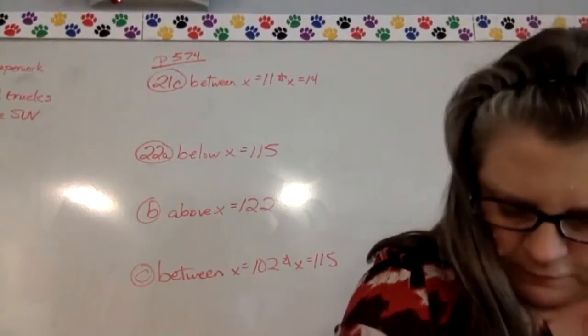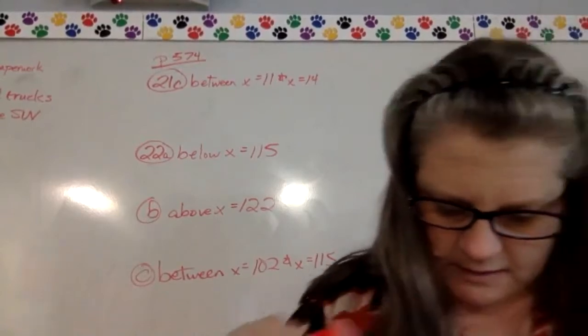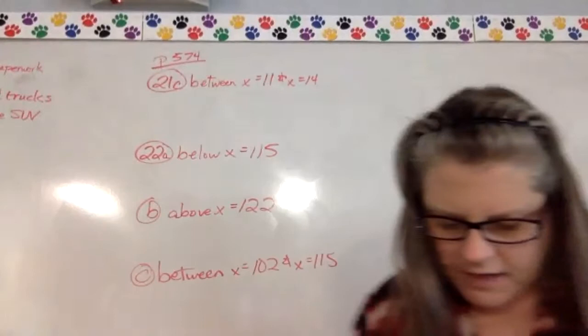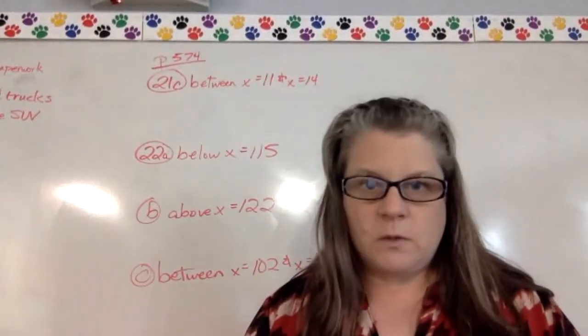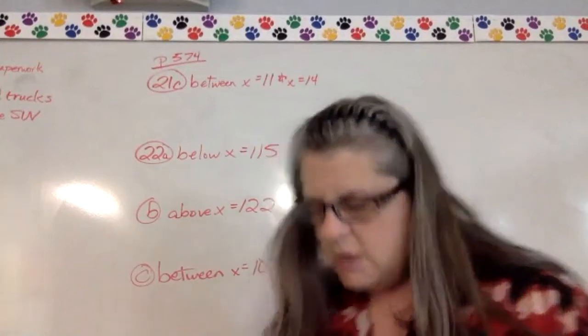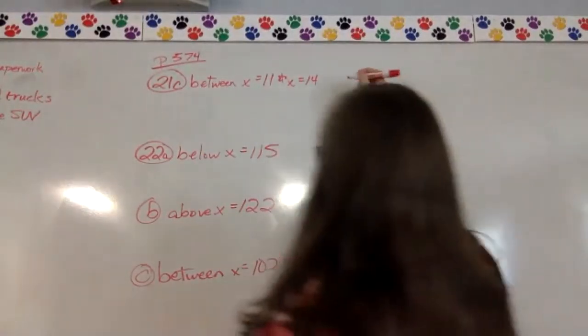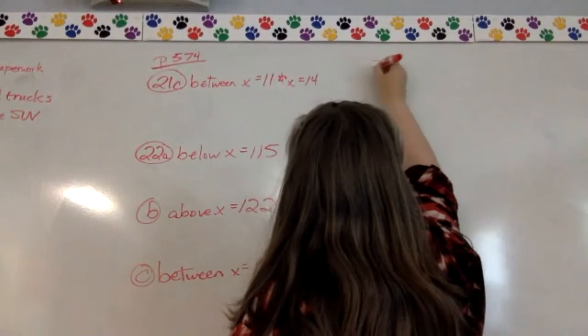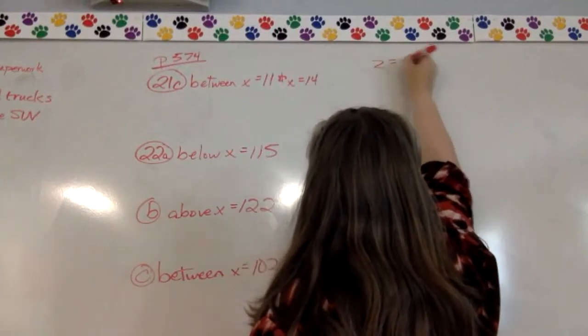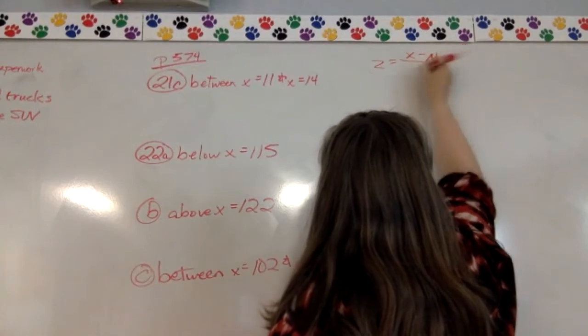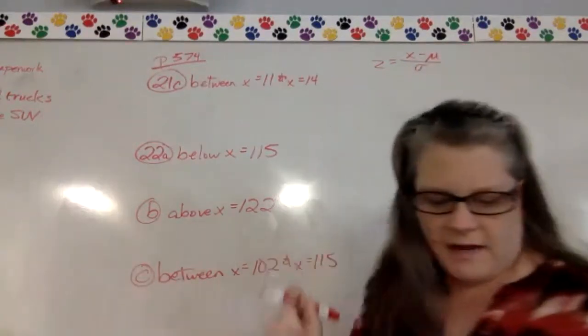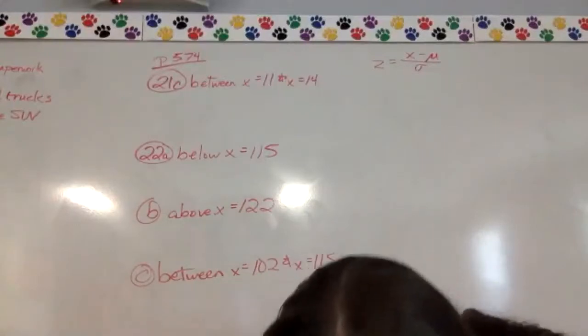Now we have a formula that we were using for these when we are trying to find our area below, which deals with using our z-scores. Remember, our formula is z is equal to x minus mu, divided by the standard deviation.